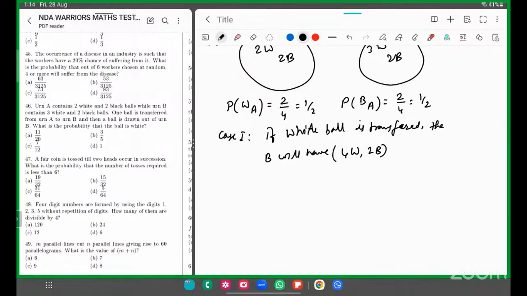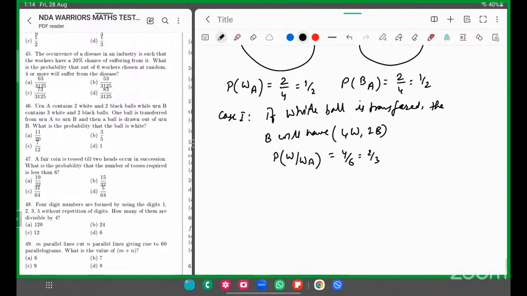So the probability of white ball when a white ball is transferred from urn A will be 4 by 6, that is 2 by 3.